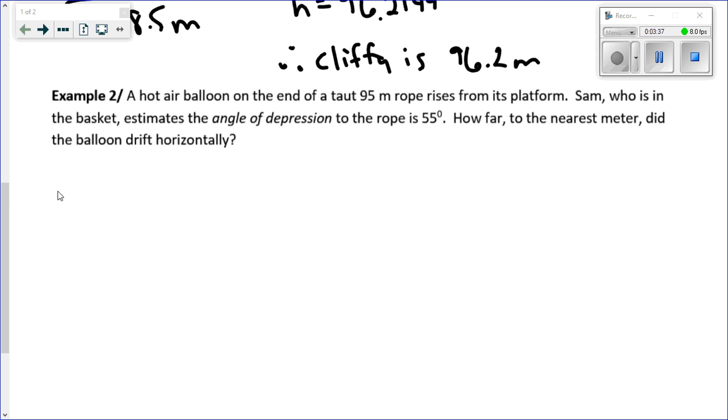Okay, so once again, here's a pretty little question. A hot air balloon at the end of a taut 95-meter rope rises up from its platform. Sam, who's in the basket, estimates the angle of depression of the rope is 55. So here's that stupid phrase that I don't like, that we can't get away from. All right, so we got a hot air balloon somewhere above the ground.